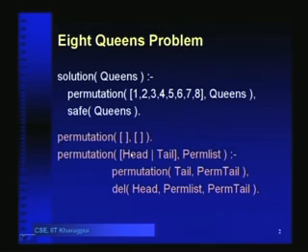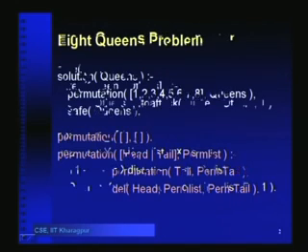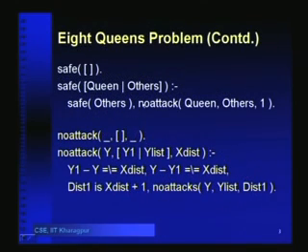Now, let us see this permutation. I am not repeating because we have already seen this before, right. It is the same predicate which is creating a permutation and putting it in queens. Next we check what is the predicate safe queens. The empty list, for that we are safe, right.